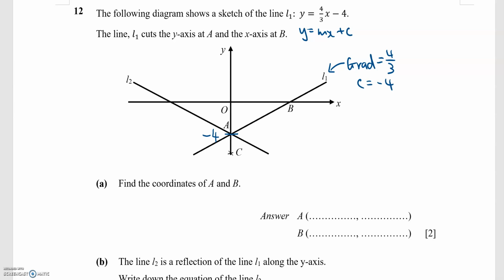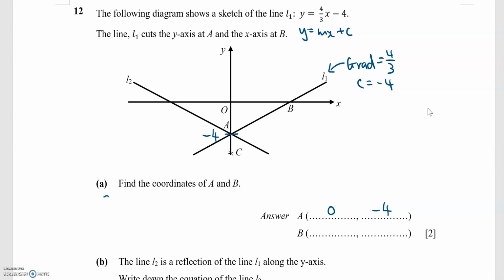Now for part A, they want us to find the coordinates of A and B. Very quickly, we will be able to find the coordinates of point A. It's simply (0, negative 4). To find the coordinates of B, we know that the y-coordinate of B is 0 because it cuts the x-axis where y equals 0.